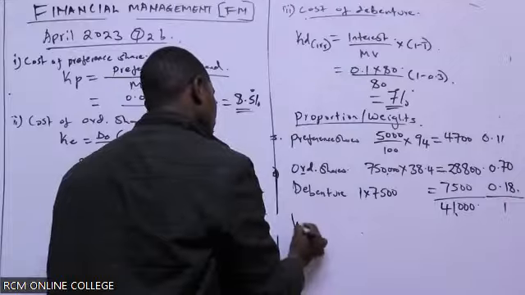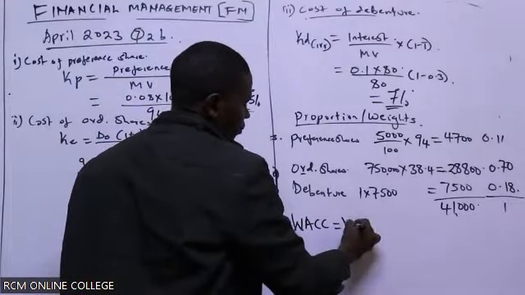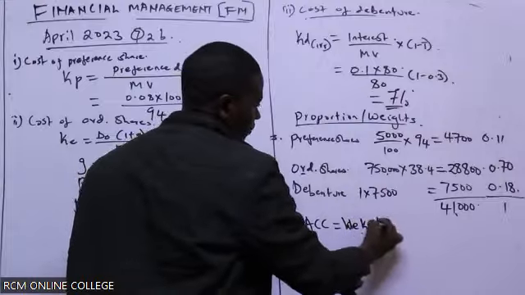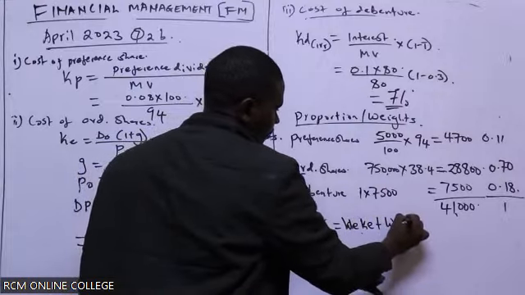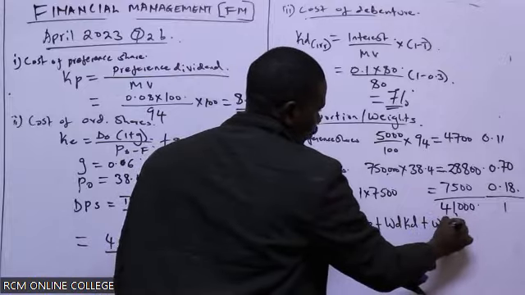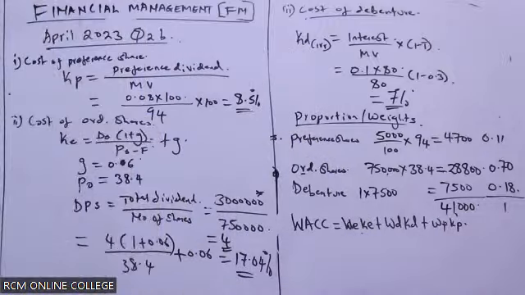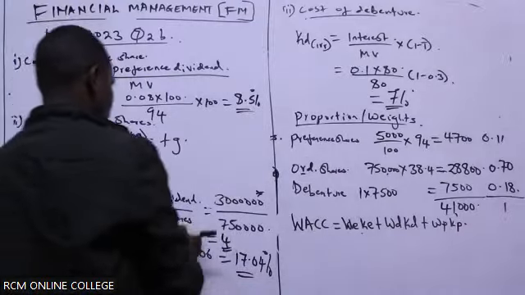So WACC is what they want. It will be weight of equity times cost of equity, plus weight of debt times cost of debt, plus weight of preference share times cost of preference share. So tunazichukua hizo zote. Equity iko wapi?